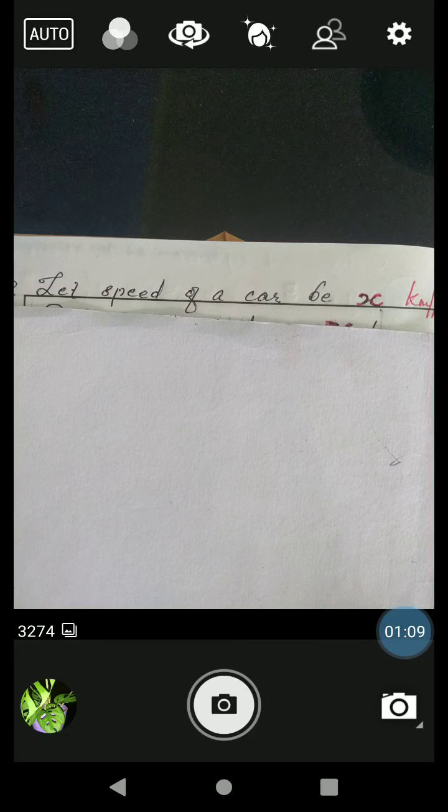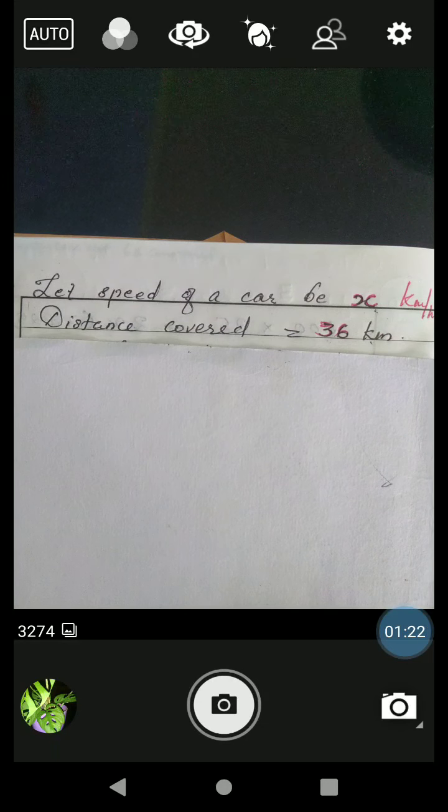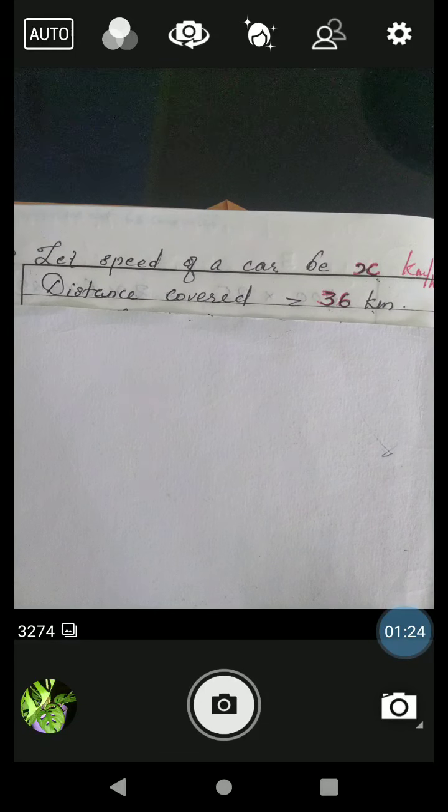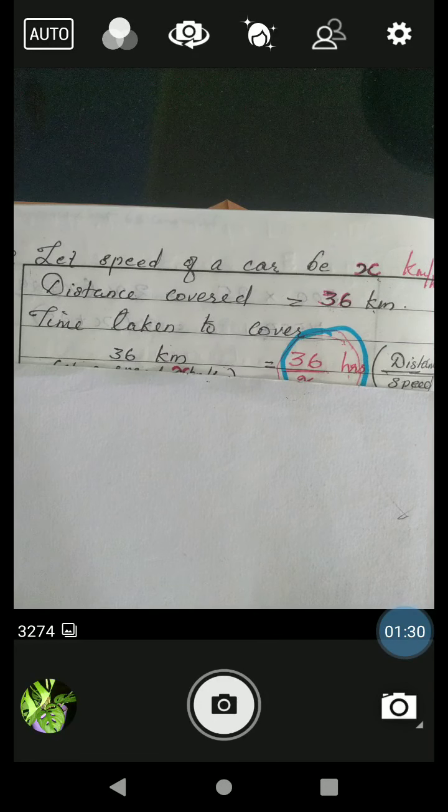If the speed of the car is increased by 10 km per hour, it takes 18 minutes less to cover a distance of 36 km. Therefore, distance covered, that is given 36 km. Okay. Now, we can find time taken to cover 36 km.